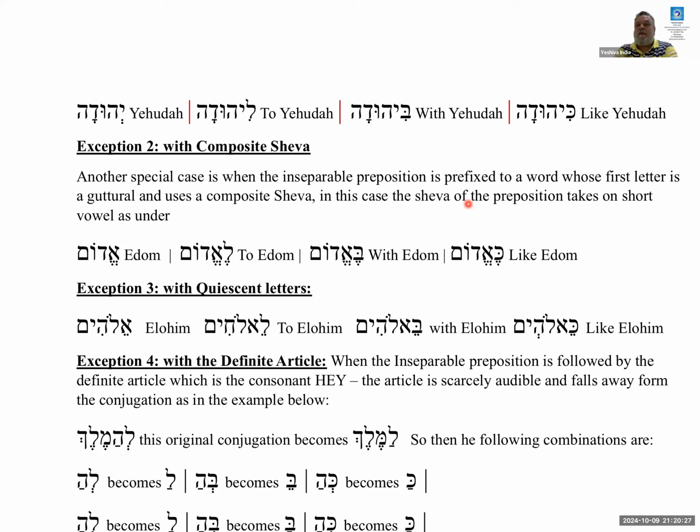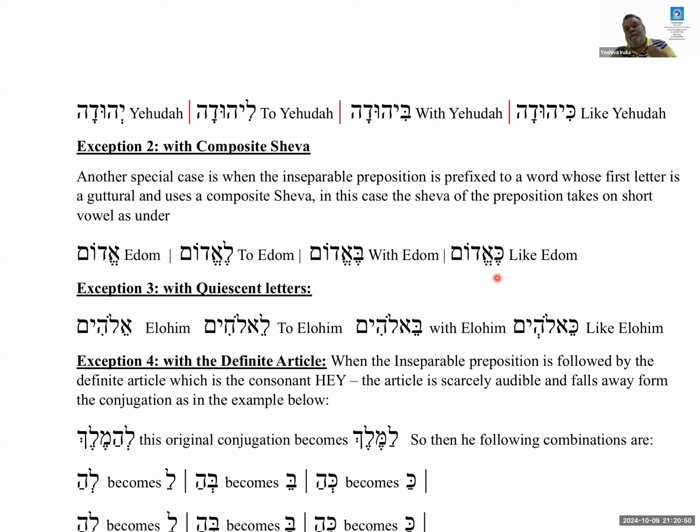In this case, the sheva of the preposition takes on a short vowel. So Edom becomes Le Edom, Be Edom, Ke Edom. It takes on the vowel of the composite sheva.